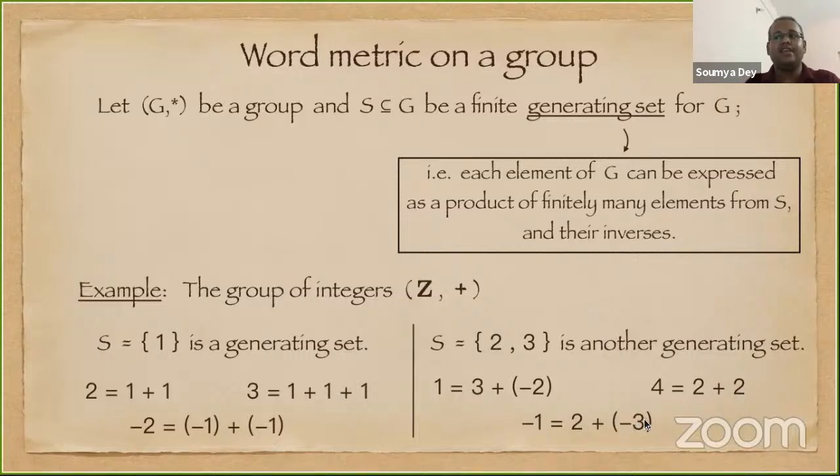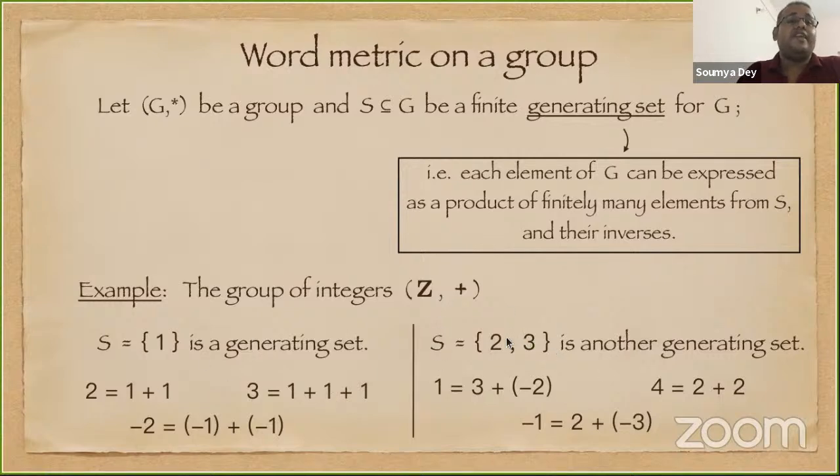So any integer will have some such word in terms of 2 and 3, and when you take the addition, that will give you that integer. So you can write any integer as a sum of 2, 3 and their inverses, basically minus 2 and minus 3, right? So we say that this is a generating set.